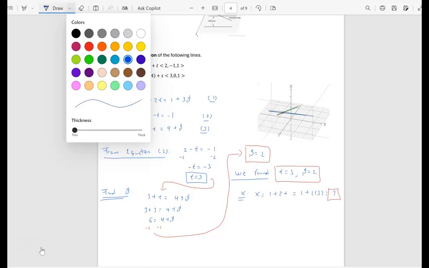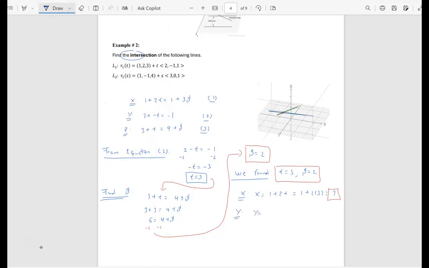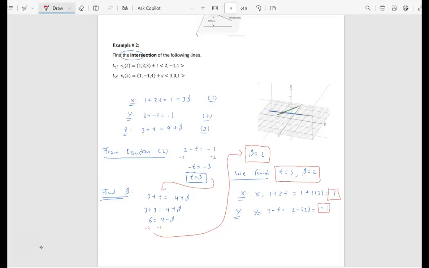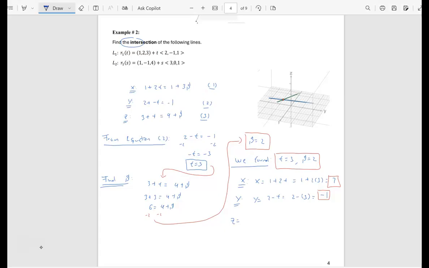Your y value, we're going to have y is equal to 2 minus t, or 2 minus 3. We're going to be getting -1. And then your z coordinate, it's going to be 3 plus t, which is equal to 3 plus 3.